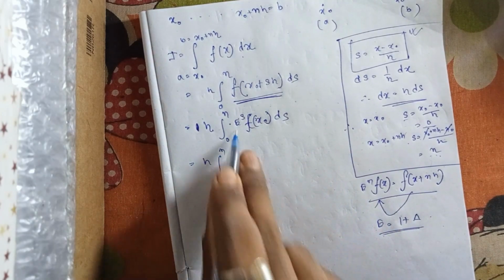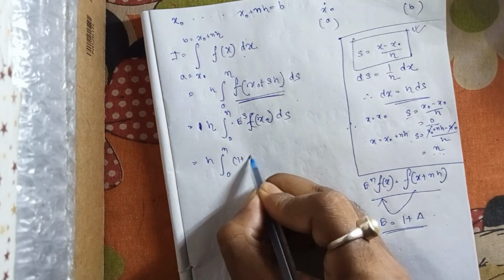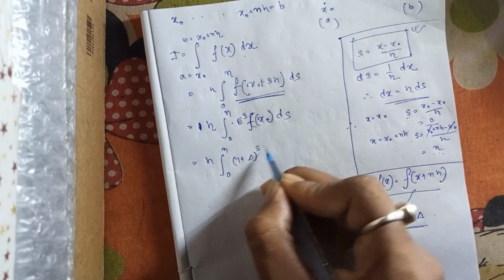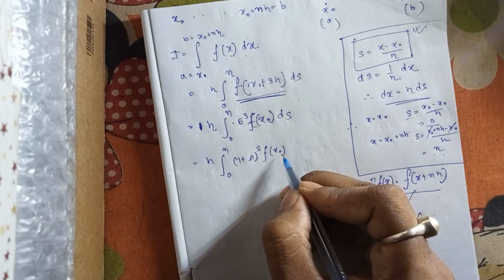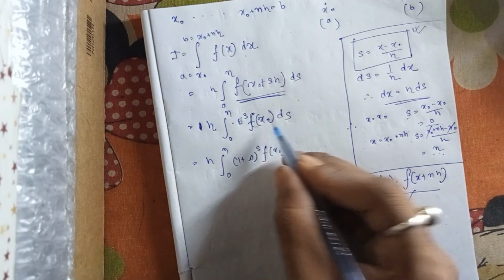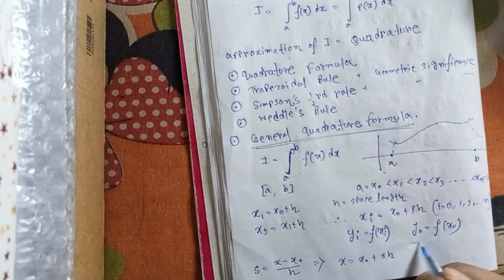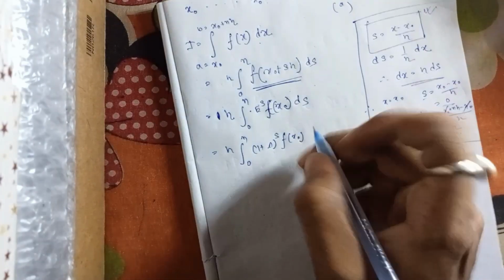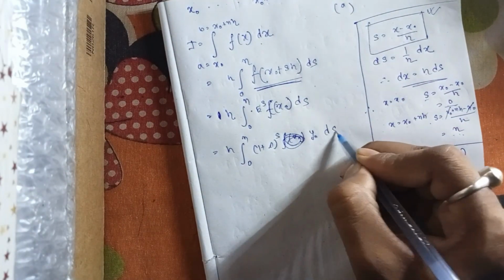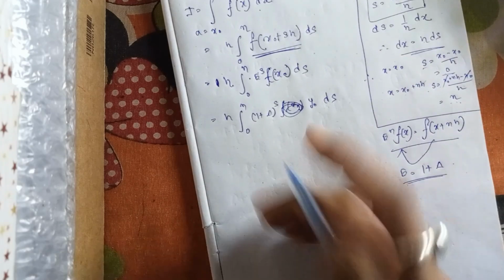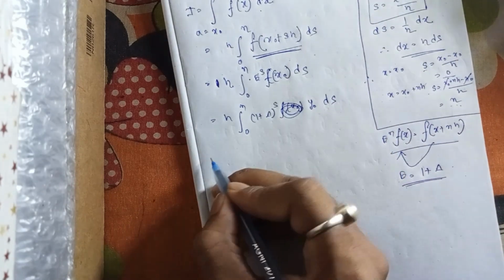By replacing E with 1 plus delta on f of x0, and we also know f of x0 means y0, right? So y0 into ds. Now we will calculate the binomial expansion.